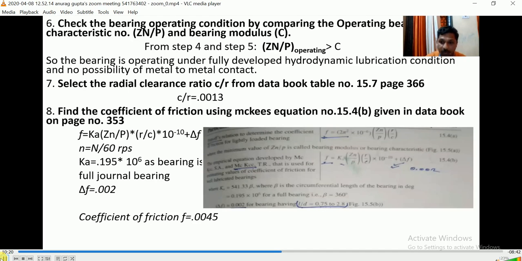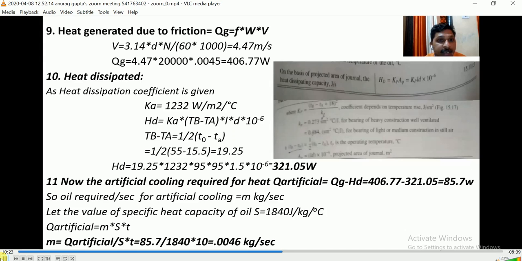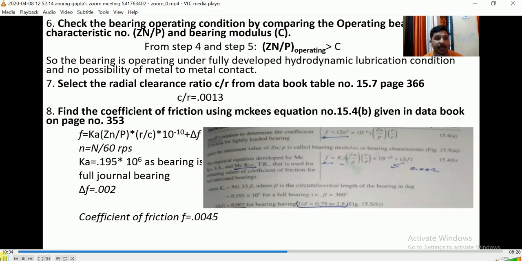For finding the heat generated, the heat generated is equal to the coefficient of friction multiplied by the radial load multiplied by the velocity. This coefficient of friction is given in your data book, page 353, equation 15.4, that is the Mackey's equation. So we will find the coefficient of friction with this equation.